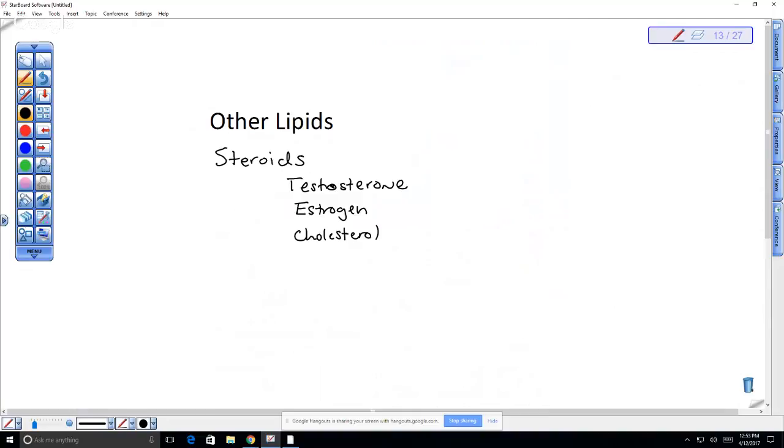So these have a characteristic shape where they have 4 carbon rings. So their shape is much smaller than the triglycerides because they're not storing energy, right? And it is very characteristic, the 4 carbon rings. And testosterone and estrogen look almost identical.